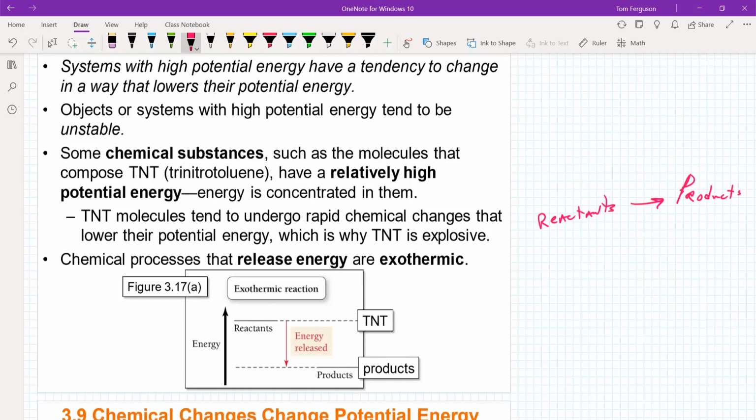Okay, so we have a chemical reaction going from reactants to products. Potential energy goes down, and that potential energy is converted into kinetic energy in the form of, now energy, like I was answering his question, energy is a wave.